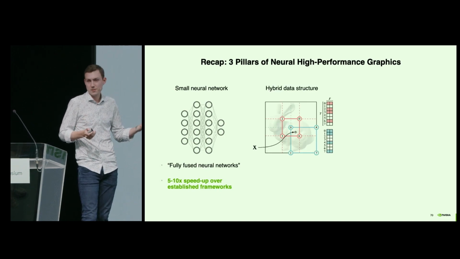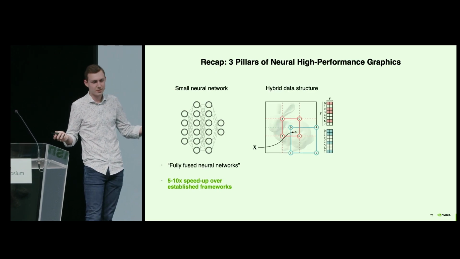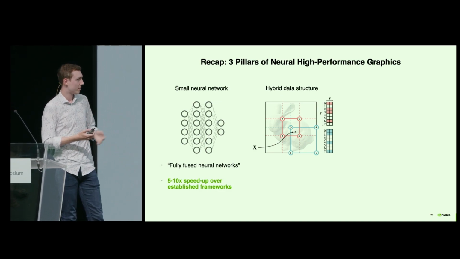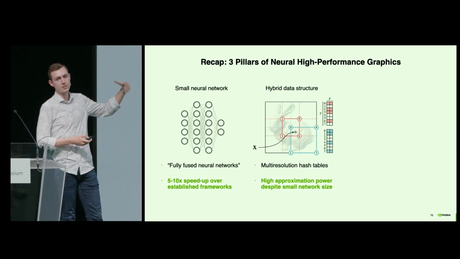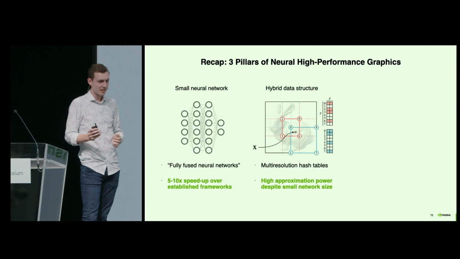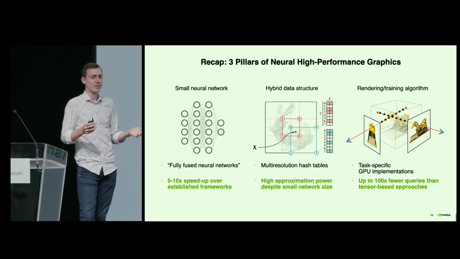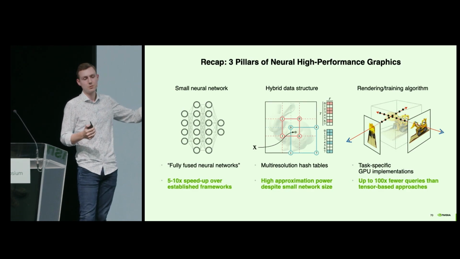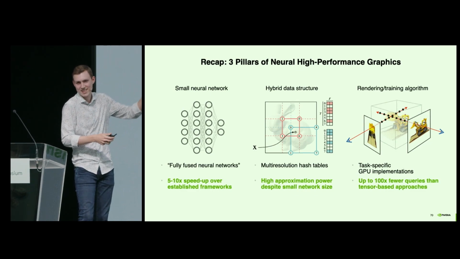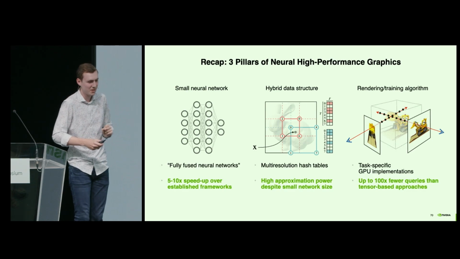But then these smaller neural networks are worse at approximating things, so we had to introduce this hybrid data structure, multi-resolution hash tables, that are trained jointly with the neural network in order to bring us back the approximation power. And lastly, it's important that the algorithms that you apply this to are rethought to make good use of these efficient neural networks, because as efficient as you make them, you still want to minimize the number of queries that you actually throw at them.